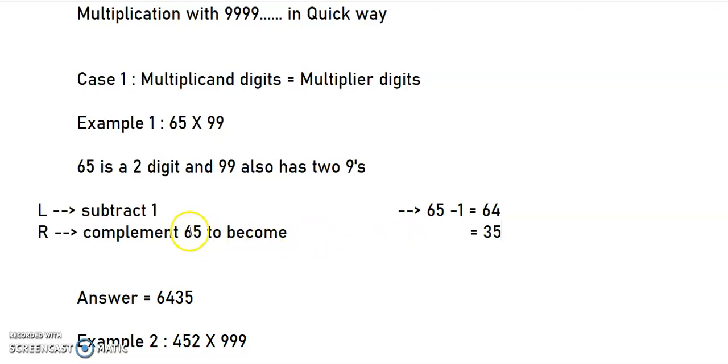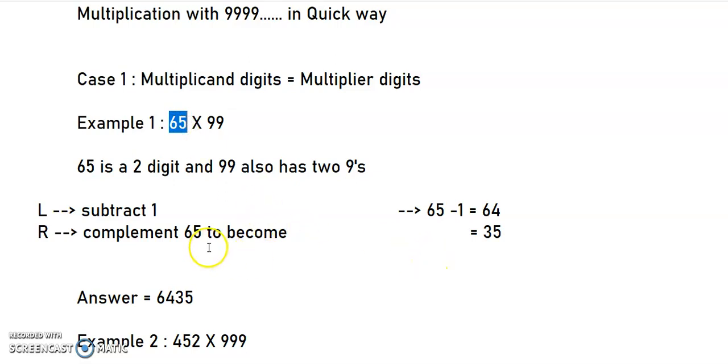But for this, I will explain within 1 minute. The complement is calculated as 100 minus 65. We need to check the nearest base. The nearest base of any 2-digit number is 100, and the nearest base of any 3-digit number is 1000. Likewise, for 65 the nearest base is 100.